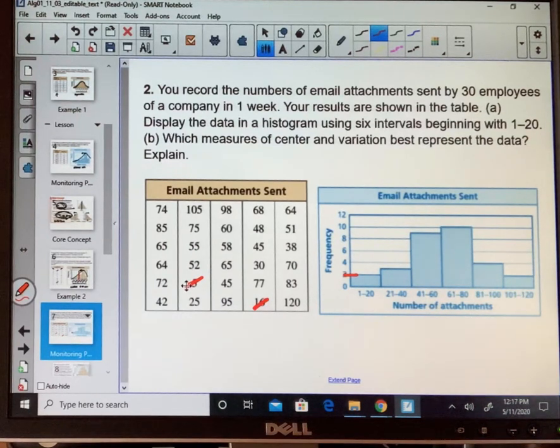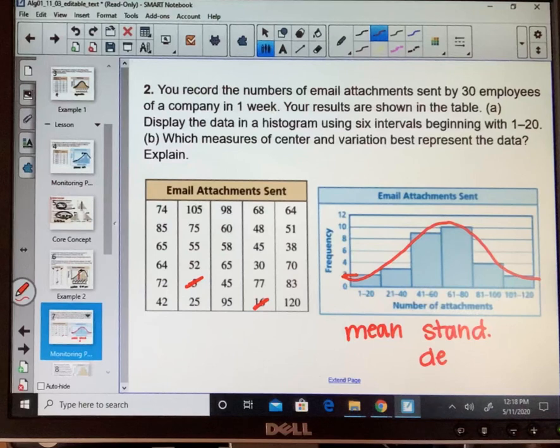Now it says, which measure of center and variation would you use? So then I'm kind of drawing in my thing, and I'm saying, okay, well, this looks pretty much like a bell. It looks like a normal curve. So I would say my mean and standard deviation. We're going to talk more about what those really mean when we talk about our next section.